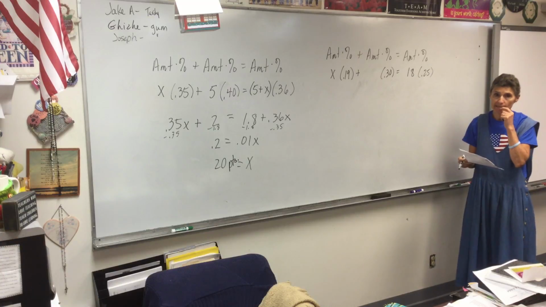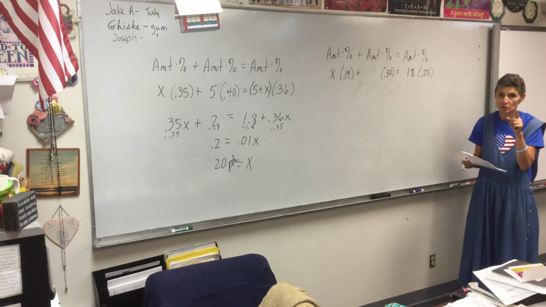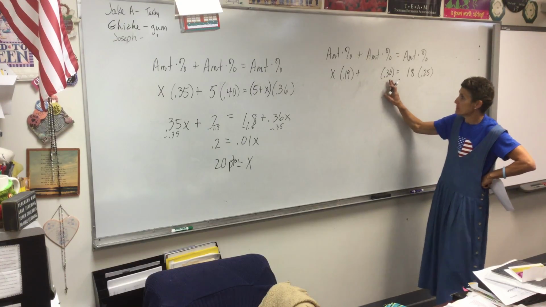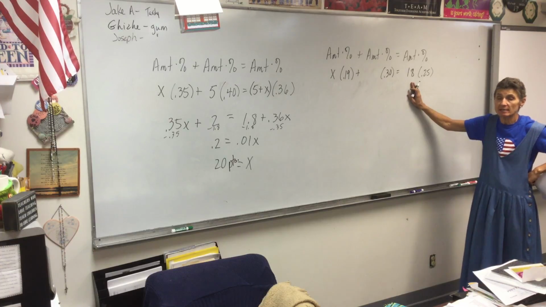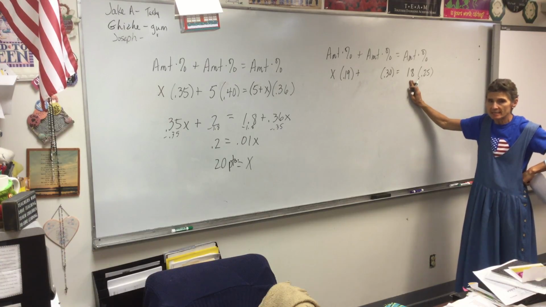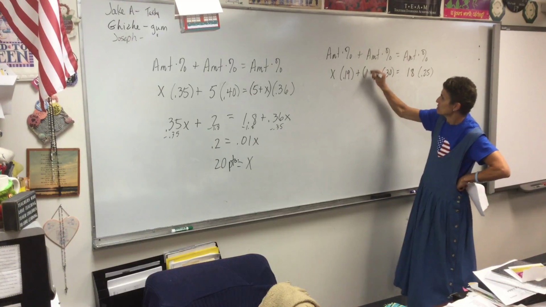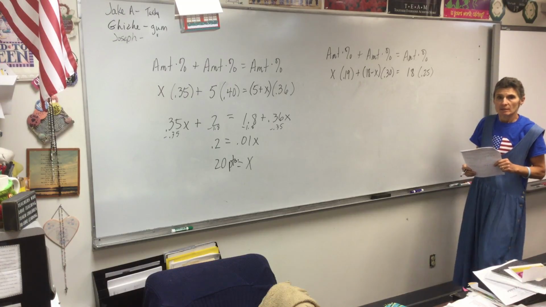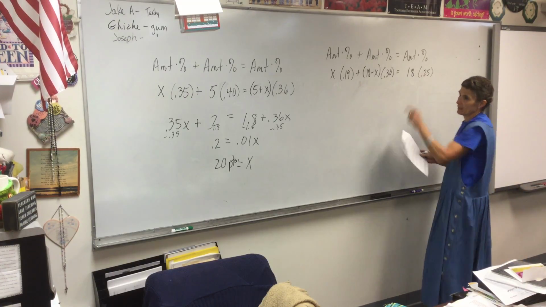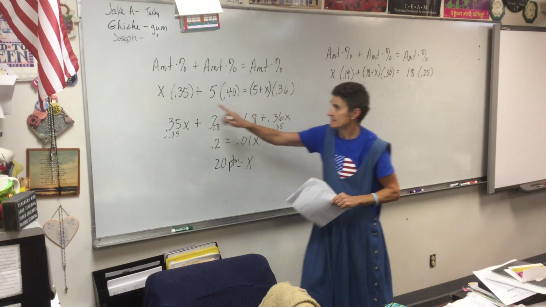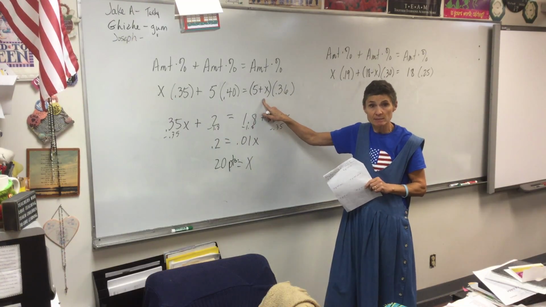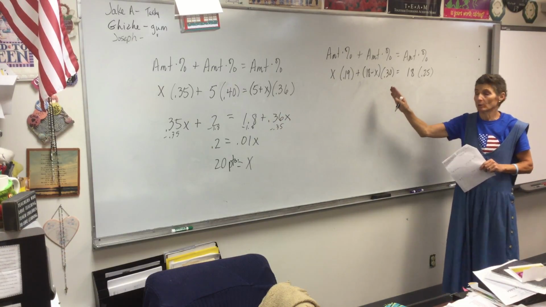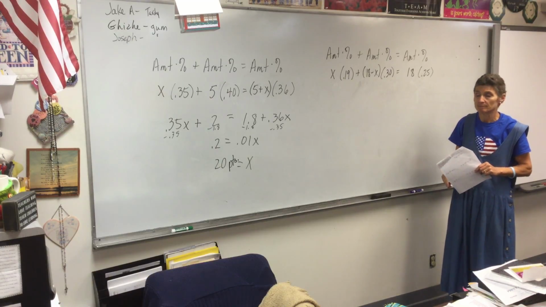Now this one's tricky. How much of this has to be mixed with this to end up with 18? Remember, if you're ending up with 18, then this has to be 18 minus X. If you don't know this one, it's these two added together, 5 plus X. But if you don't know this one, you got to go backwards, so it's 18 minus X.